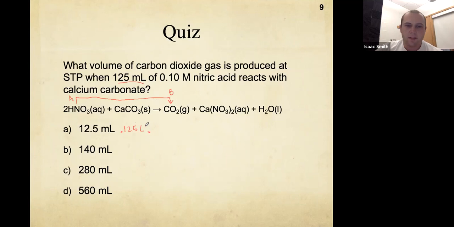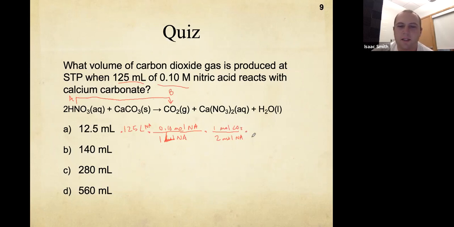of nitric acid. For every liter, we have 0.10 moles of nitric acid. So this is just using the molarity here, 0.1 moles per liter. Then we can convert from moles of nitric acid to moles of carbon dioxide using the molar ratios.